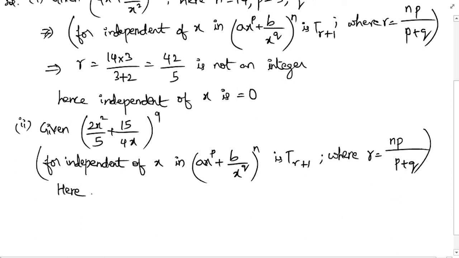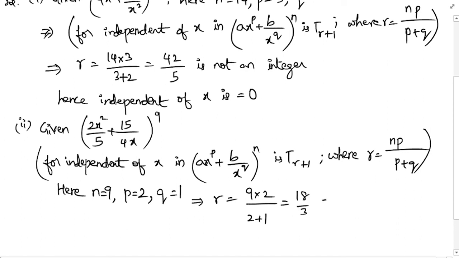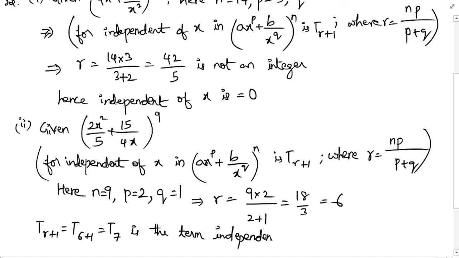So here n is equal to 9, p is equal to 2, q is equal to 1. So that implies r is equal to 9 into 2 divided by (2+1), which is equal to 18/3, that is 6. So T(r+1) is equal to T(6+1), which is equal to T7. So T7 is the term which is independent of x.